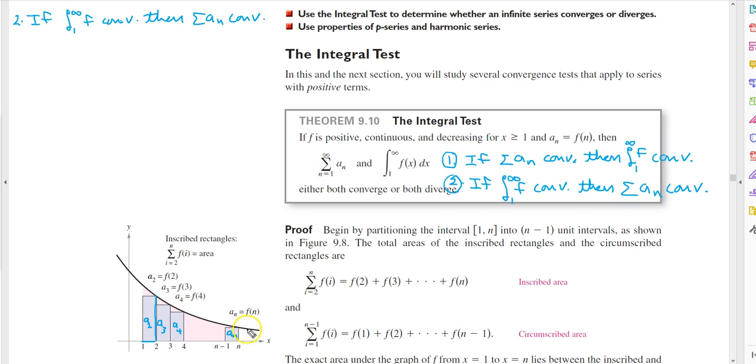So you see from this graphic, because we inscribe the rectangles under the graph of f, and remember the integral of f is the area underneath the curve of f, we then have this result. From this graphic, we see that this quantity, the area of all those rectangles, is less than or equal to the area underneath the graph of f from 1 to n.